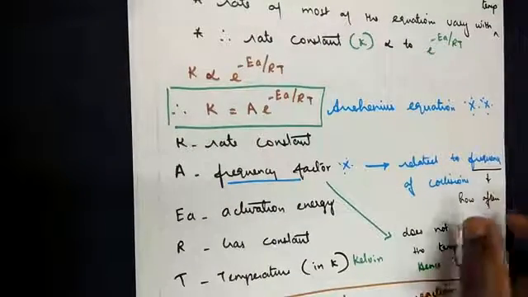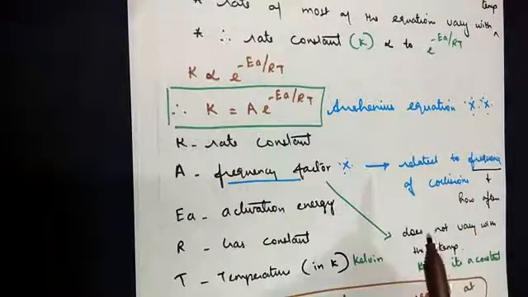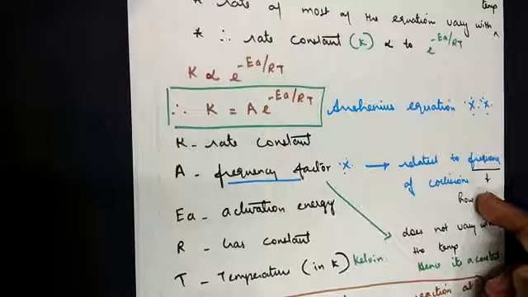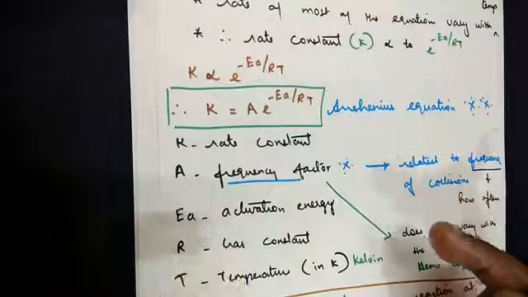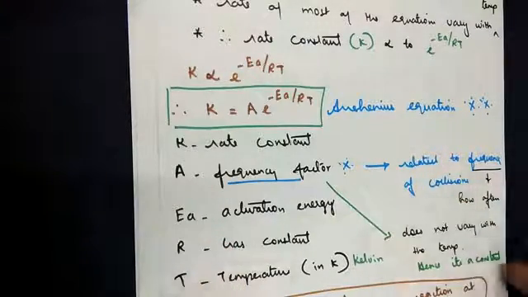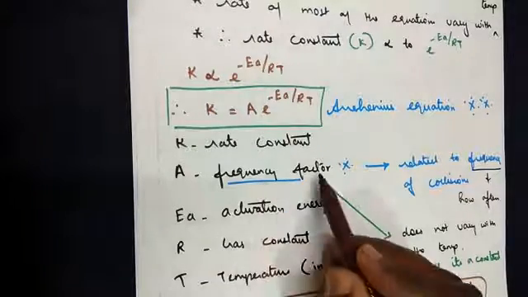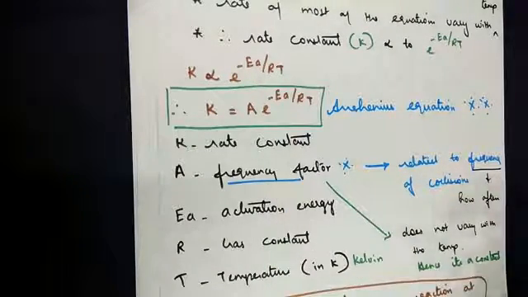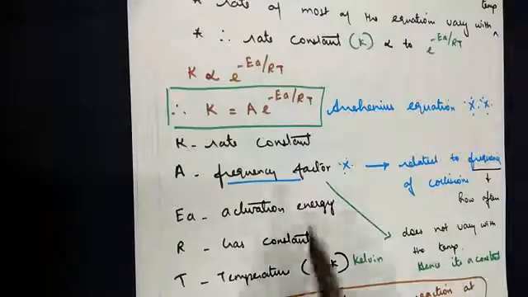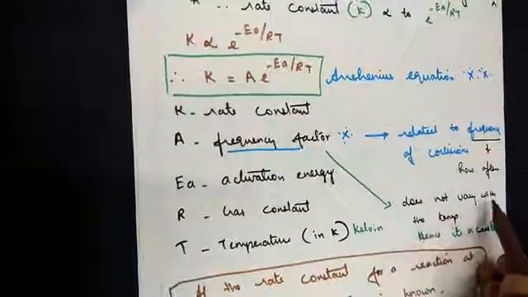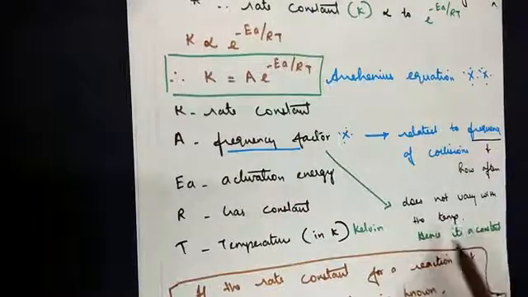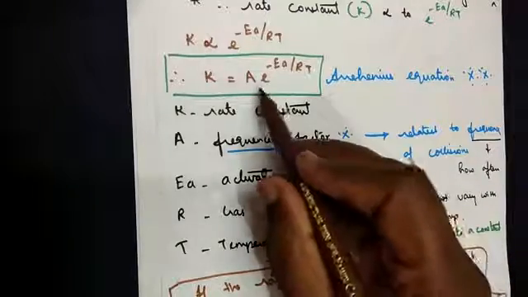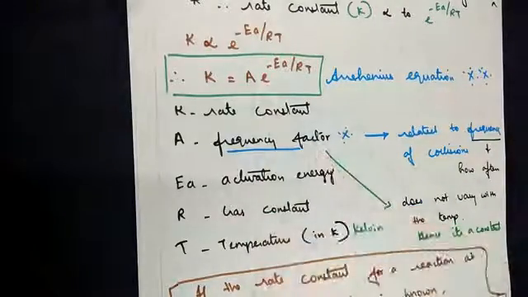It says within a time they undergo collisions. Within a given time limit, how often the collision takes place. So that's the meaning of frequency factor. The second point, it does not vary with the temperature. Hence we can call it a constant. Frequency factor is a constant value.